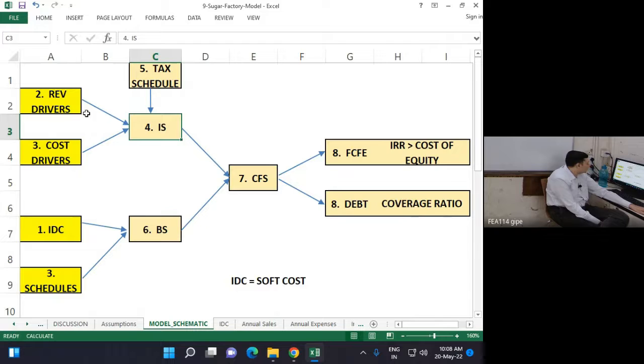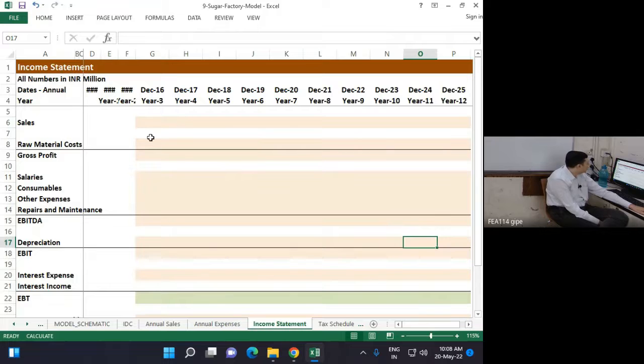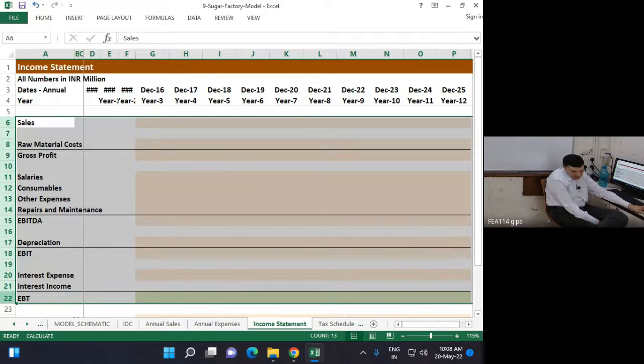But first, for the income statement, everything is already calculated everywhere else. So now, the income statement is going to be just a staging page. So everybody come to the income statement, and what you have to do is link up all the line items from the other pages.